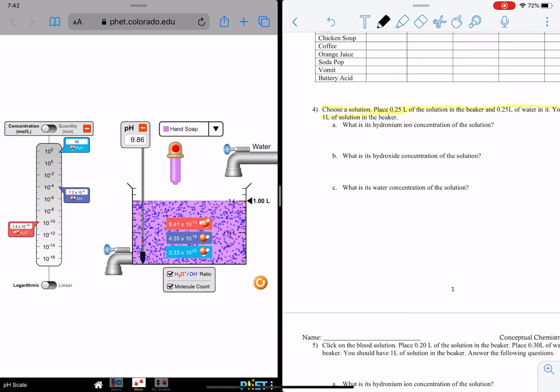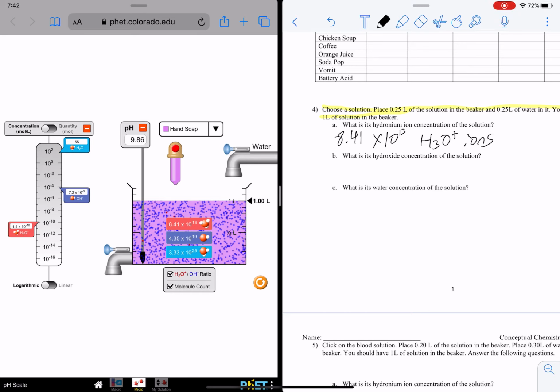We can see we have two numbers: 1.4 times 10 to the negative 10, and 8.41 times 10 to the 13 inside the beaker. We're going to take the number inside the beaker, so 8.41 times 10 to the 13, and we have to make sure we use our units. That's how many ions we have in the solution.